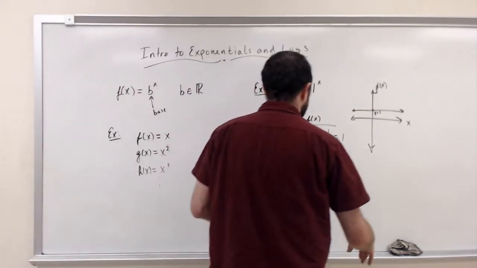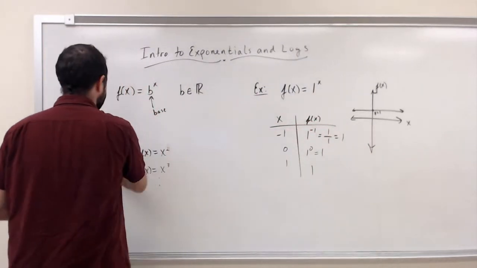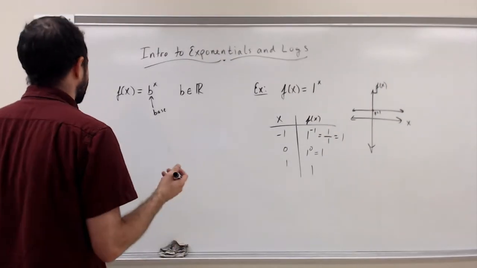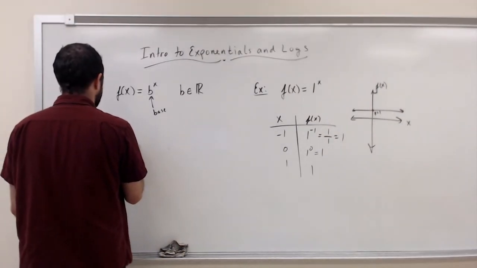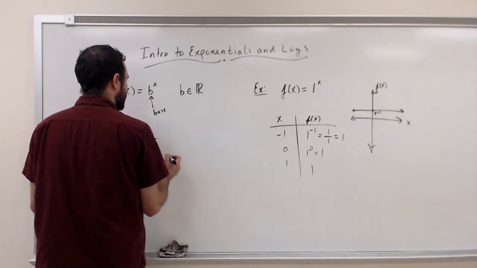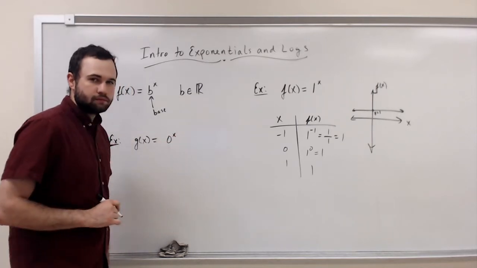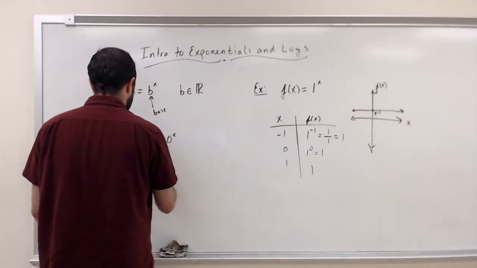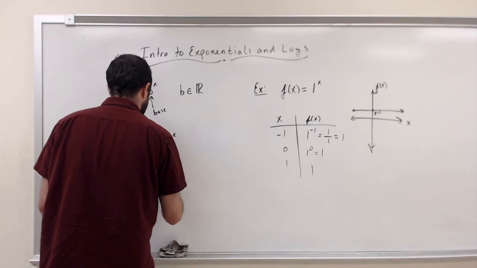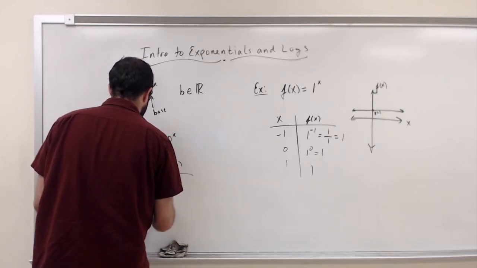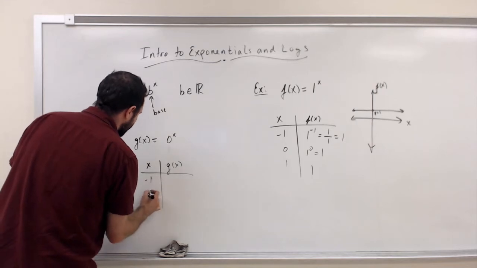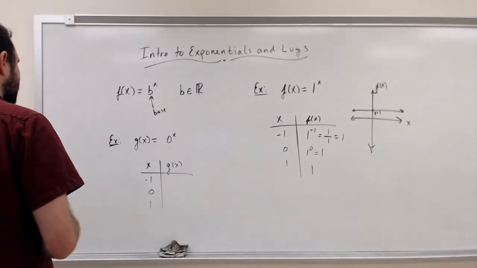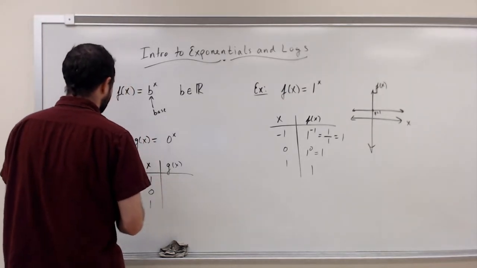We can look at some other kind of boring pathological cases. If we, for example, let g of x be 0 to the x. Okay? Plugging in some values. -1, 0, 1. Again, these aren't all the possible values, but this generally gives you a good idea of what's going on. Plug in -1, well, some really weird stuff happens, right?